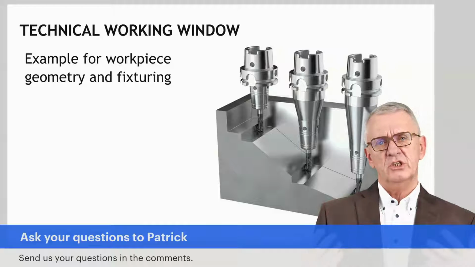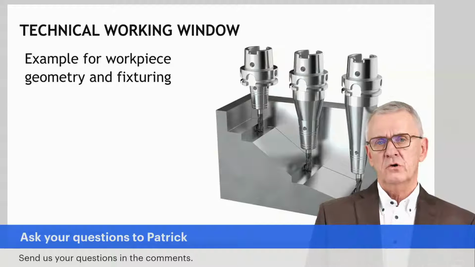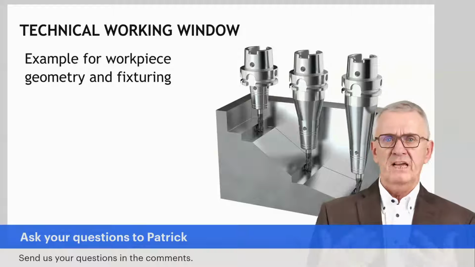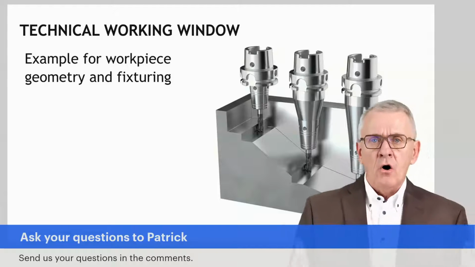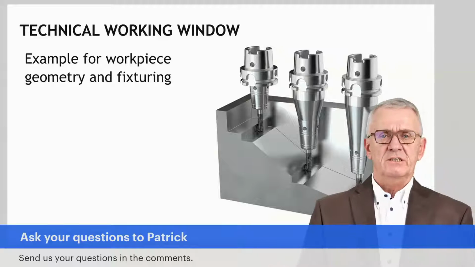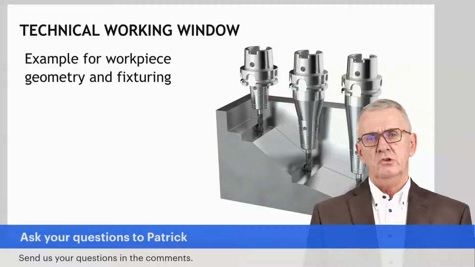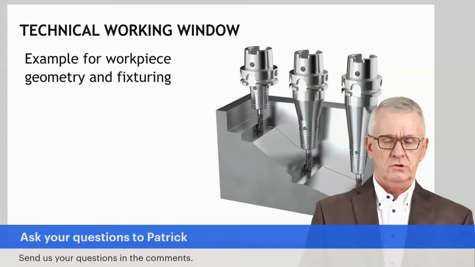Does the geometry, the form, the dimensions of the workpiece allow you to go for a global tool concept which is favorable, which is good, or are you necessarily restricted to a tool which conceptually is not so ideal to use?